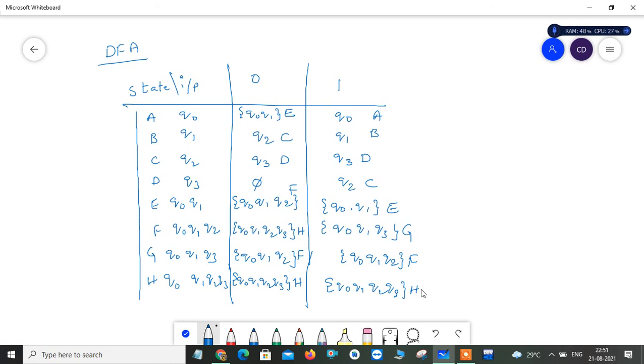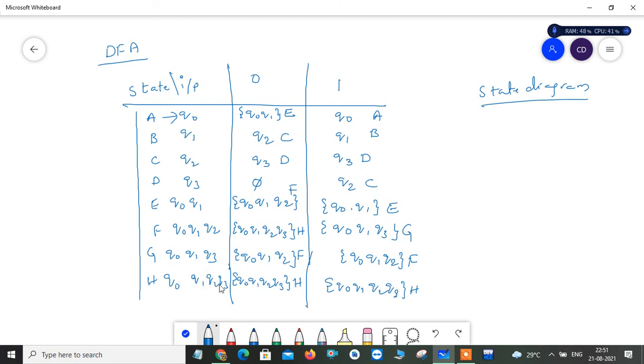If you want to construct a state diagram for this, this table is enough for your answer actually. If you want a representation as a state diagram, then you can construct it from this. Now this is your initial state. Remember, for any finite automata there will be only one initial state, and there may be any number of final states.